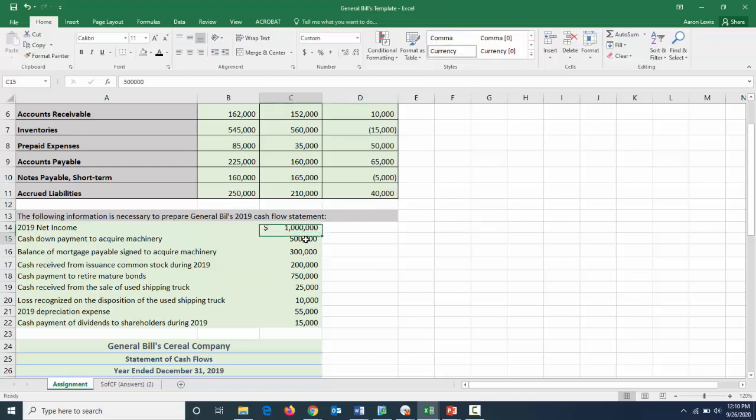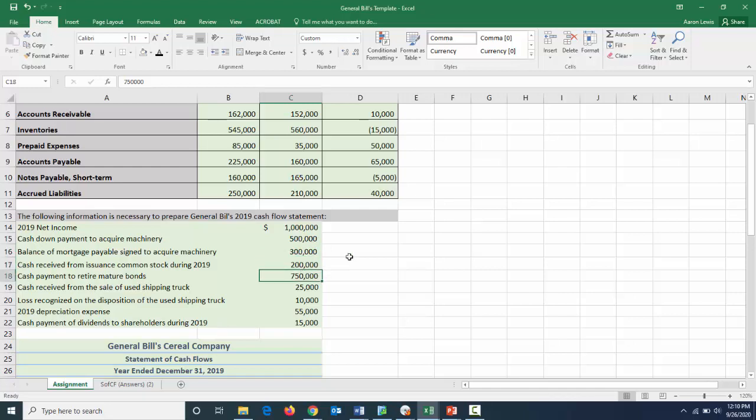We have the amount of cash that we put as a down payment to acquire new machinery. And then we have the balance of the remainder of the loan that we used to acquire that machinery, the mortgage. So we put $500,000 down, signed a mortgage for $300,000 to acquire in total an $800,000 piece of machinery. We received $200,000 in cash from the issuance of common stock.